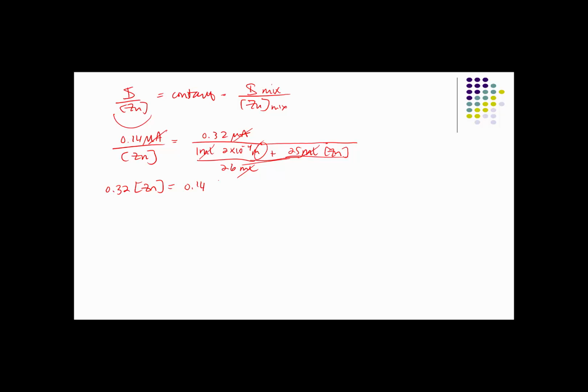That's going to be 1 times 2 times 10 to the minus 4 divided by... that's going to be 7.69 times 10 to the minus 6 plus 0.9615 times the concentration of zinc.